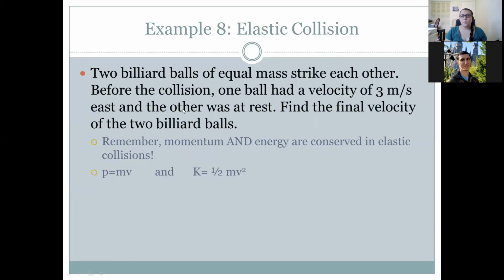Before the collision, one ball had a velocity of 3 meters per second east, and the other was at rest. Find the final velocity of the two billiard balls. So remember, since this is an elastic collision, they won't be joined together at the end of it. So we'll have to solve for two separate velocities for their final velocities.